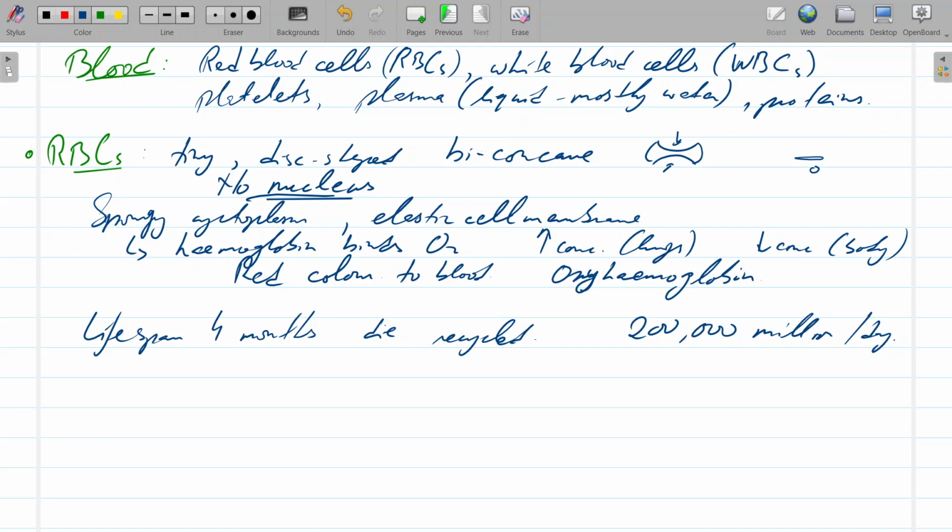It seems like a huge number, but it is only about 1% of the total number of red blood cells we have in our body. So every 100 days, every 4 months or so, all the blood in your body is new, and then after a few days it starts again.